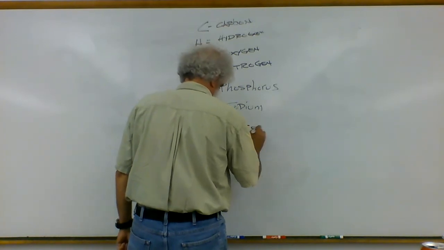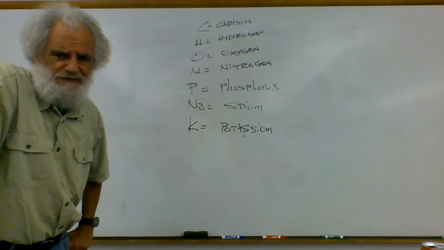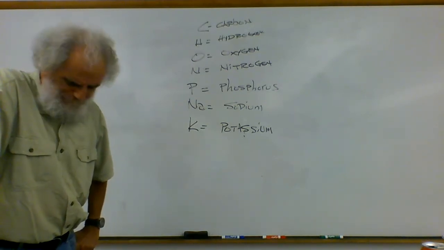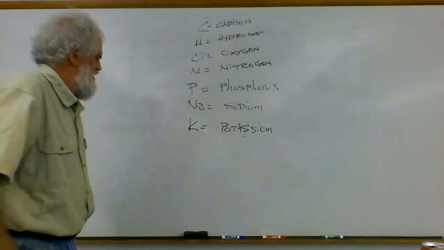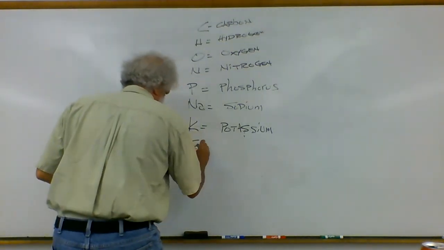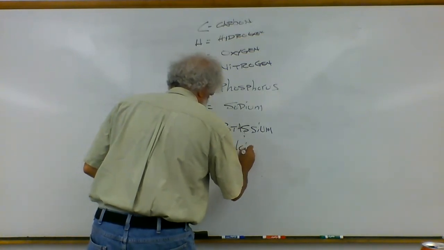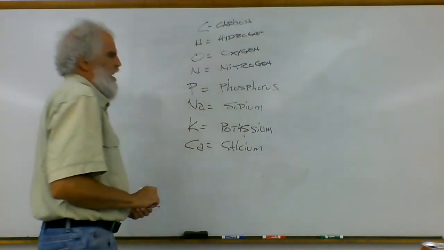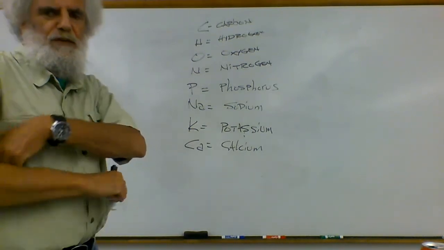Potassium, known as kalium in Latin, or by alchemists and things. Then let's see. We might throw in a little bit of calcium, Ca. Iron is Fe, ferrum, but we're not going to talk about that so much.